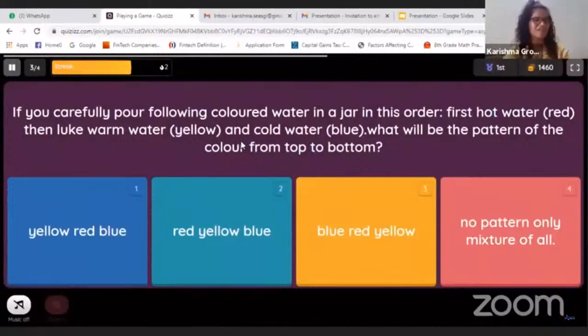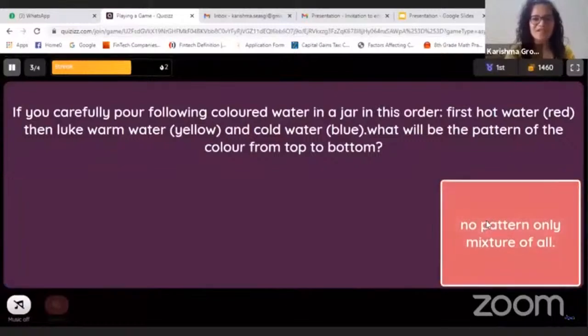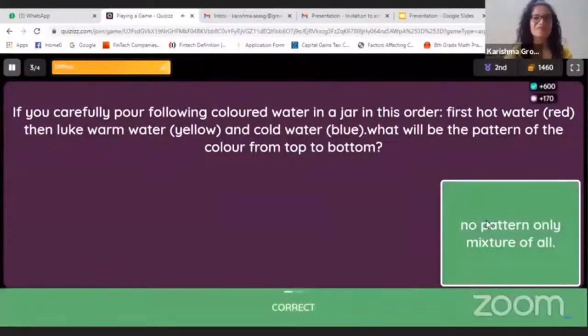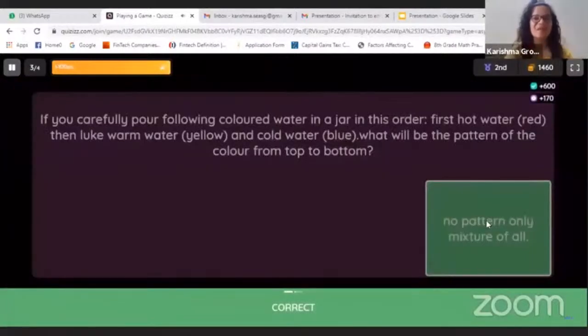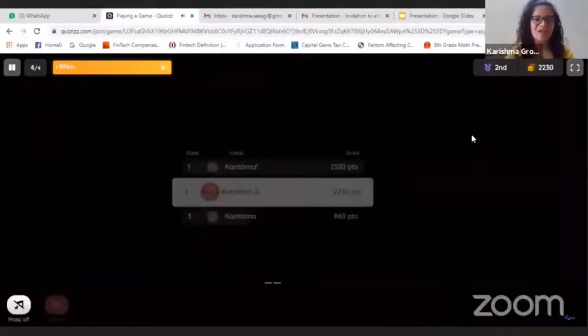Whereas cold water should be down because it's going to sink down, it's heavier, and the warm water is going to rise up. Will we have any pattern? No pattern, only mixture of all the colors. Yes? Okay, let's check. Good job, that's right.